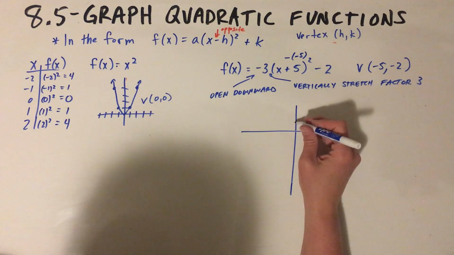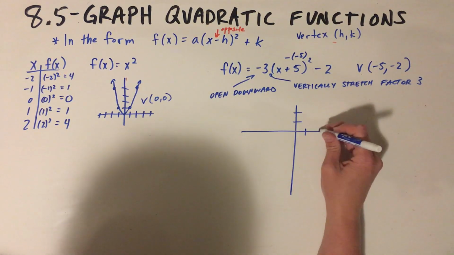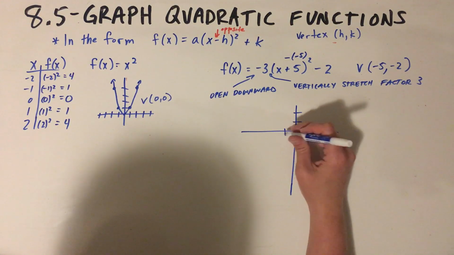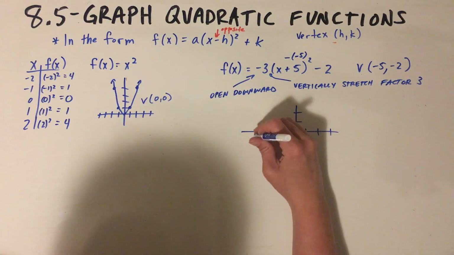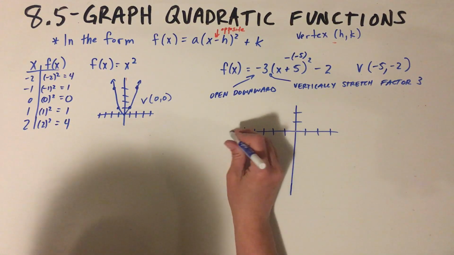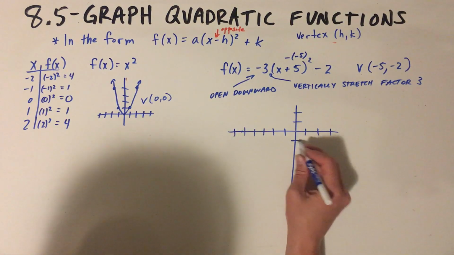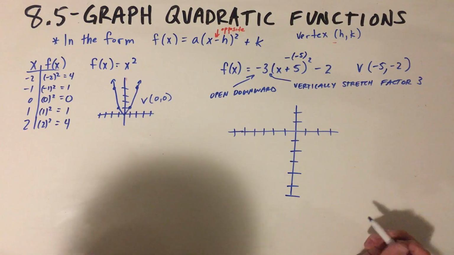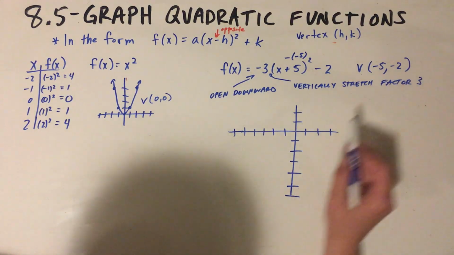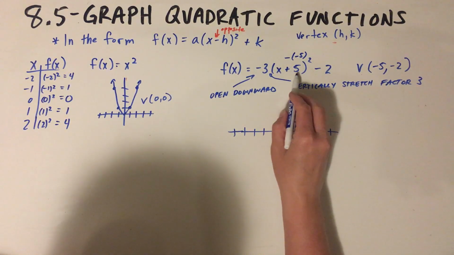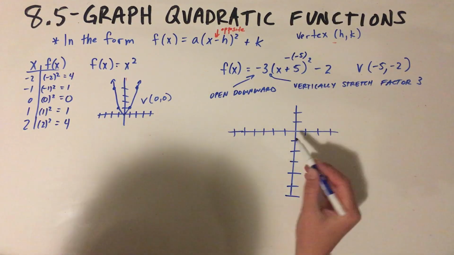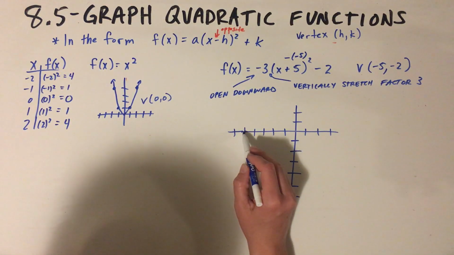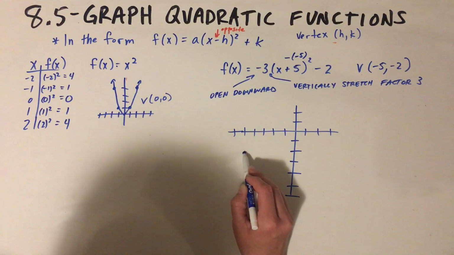All right, so again, our vertex is going to be at -5 as the x value, because this is going to shift it the opposite. This seems like it would go right, but it's going to go left, 1, 2, 3, 4, 5, and it's going to go down 2, so that's going to be right here.